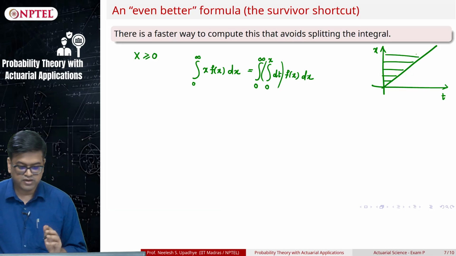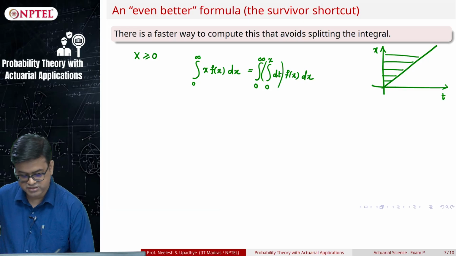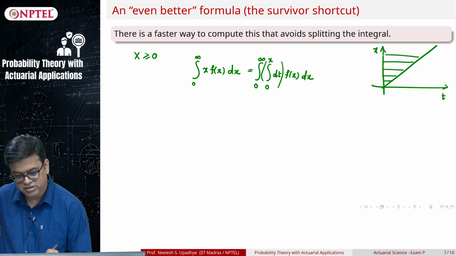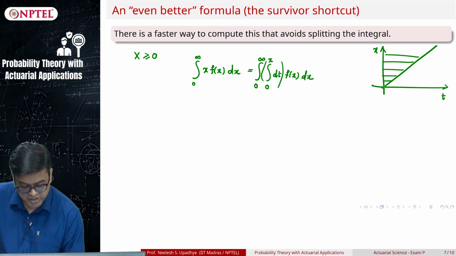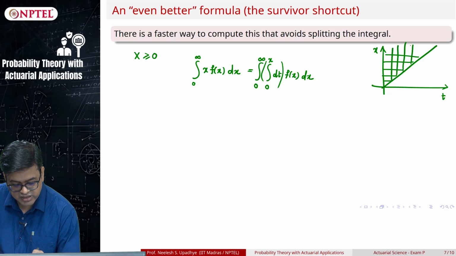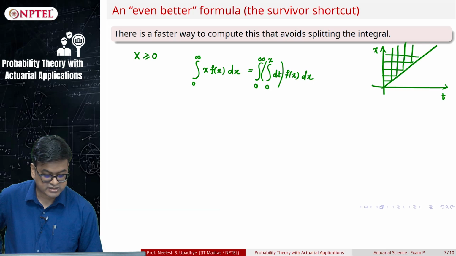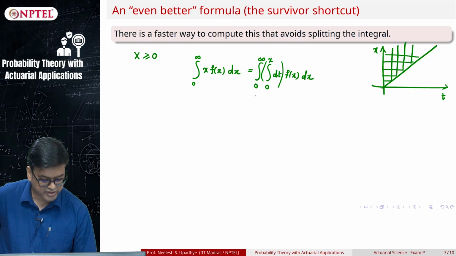Now, if I want to reverse the order of integration, what does that mean? I want to cover this region, but calculated in a different way. Then what am I calculating? I am looking at x, and this x will go from t to infinity.